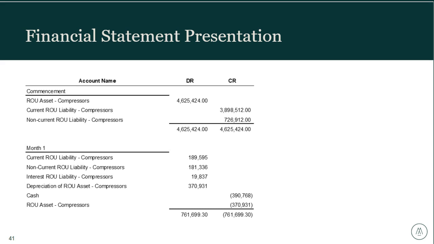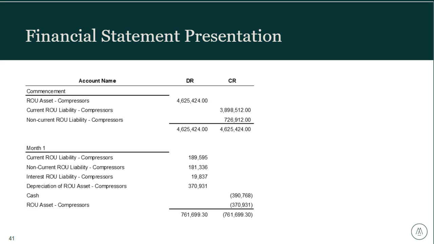And then in month one, we move our current and non-current around. We pay some cash, and then we record our amortization, our depreciation.